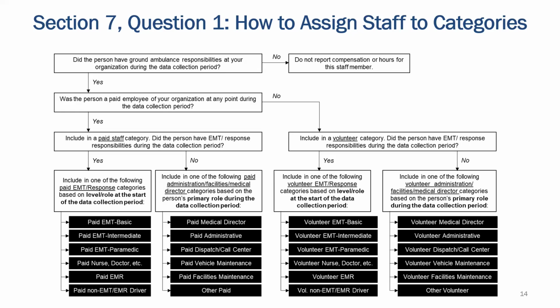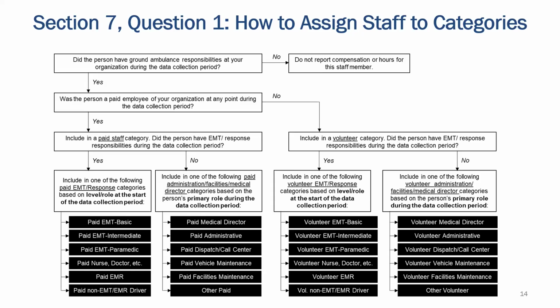Especially for smaller organizations, it's common for a single staff member to have multiple roles. And to avoid double counting, you want to make sure that each of your staff individually are contributing to just one of those rows in the tables. CMS is not asking organizations to split up that person's compensation or hours worked across rows.